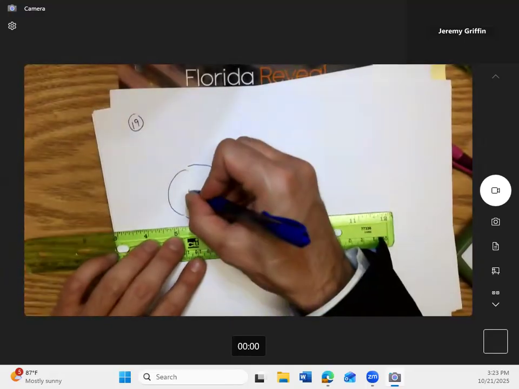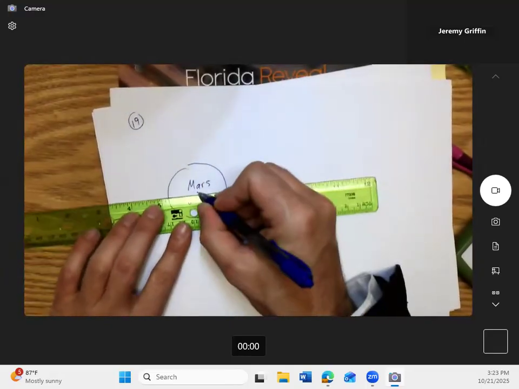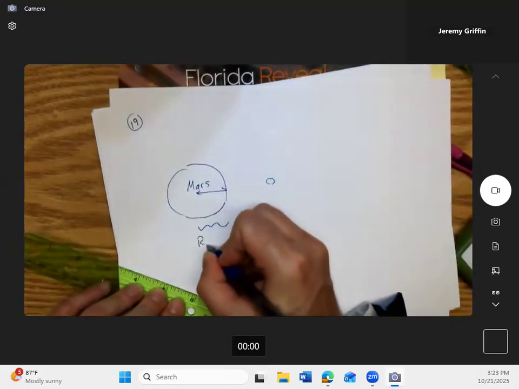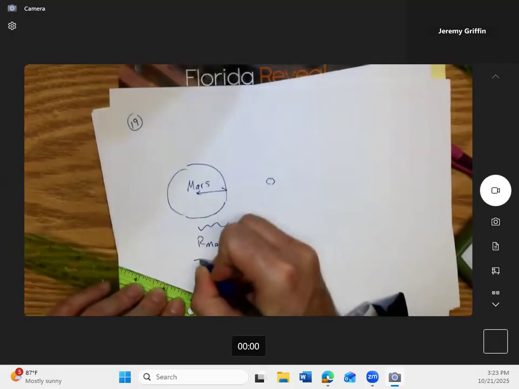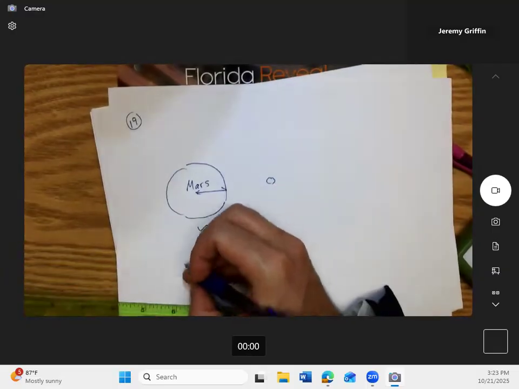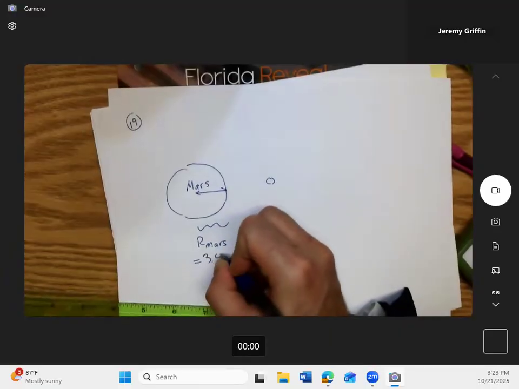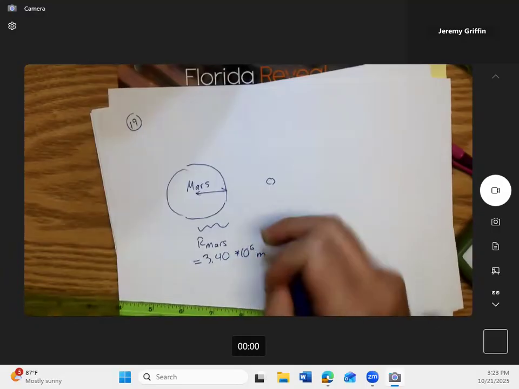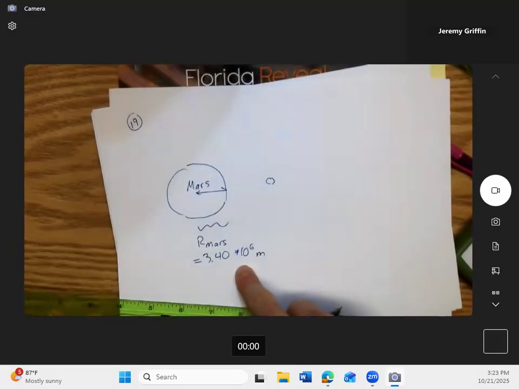Here's Mars. They told you the radius of Mars. I'll call this right here R Mars equals 3.40 times 10 to the 6 meters. So it's like 3.4 million meters.